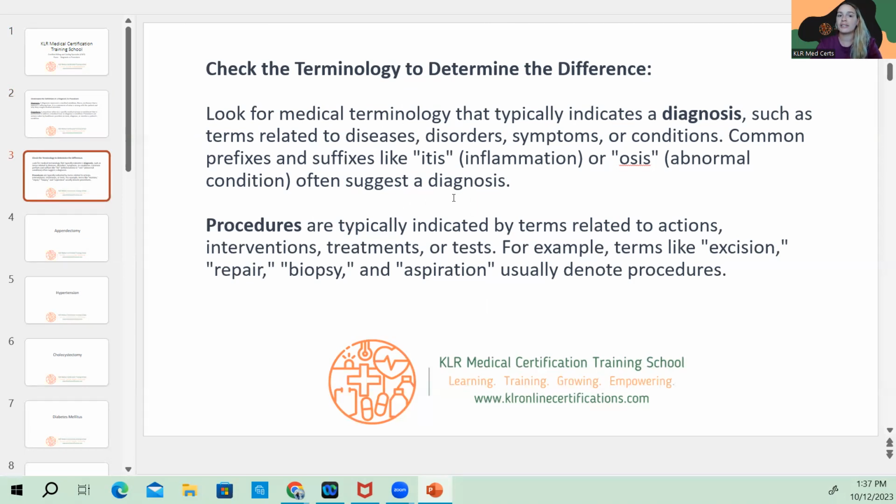These often suggest that this is a diagnosis, and if you know that, it's going to help you determine the difference between the two. Procedures are typically indicated by terms related to actions, interventions, treatments, or tests. Terms like excision, repair, biopsy, and aspiration usually denote procedures. We're going to talk a little bit more about those.